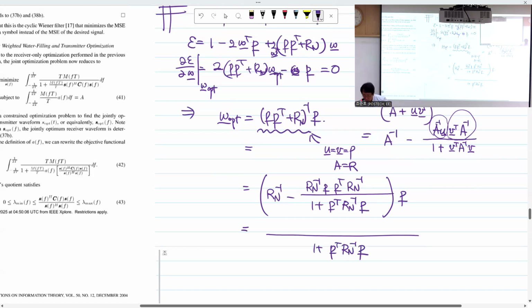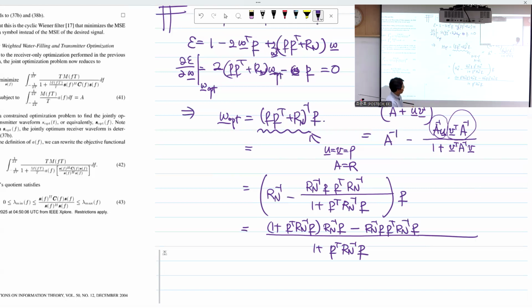And what else do we have? 1 plus P transpose Rn inverse P times Rn inverse P minus Rn inverse P, P transpose Rn inverse P. Am I right? Am I right or wrong? I believe I'm right. Yeah.